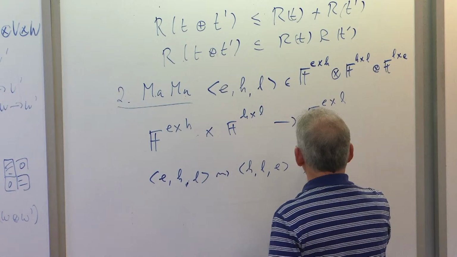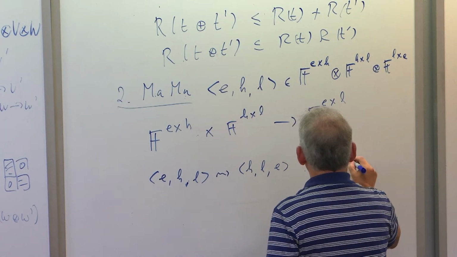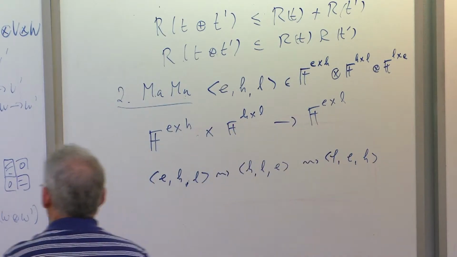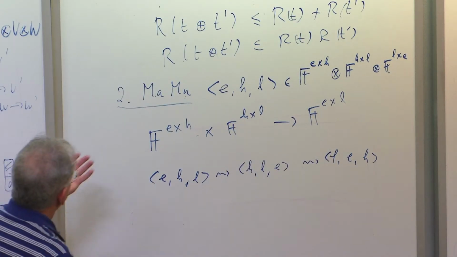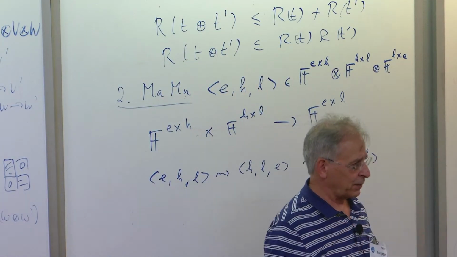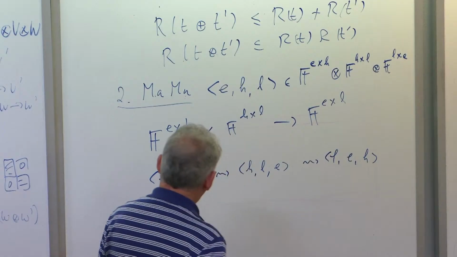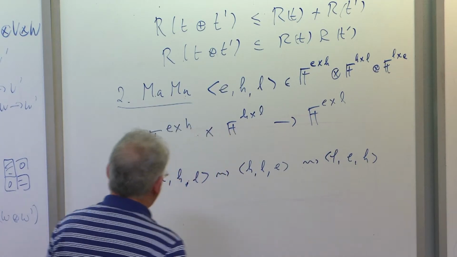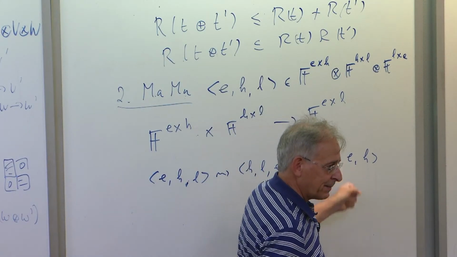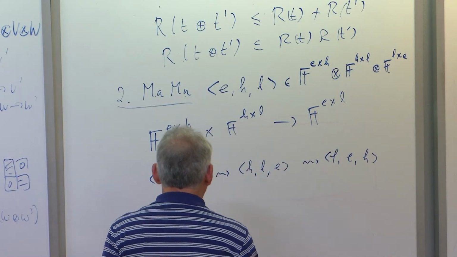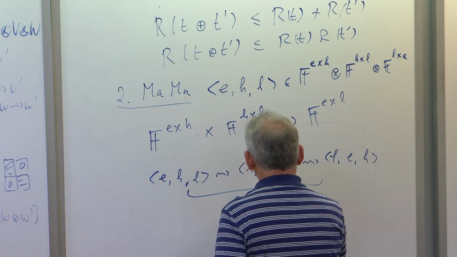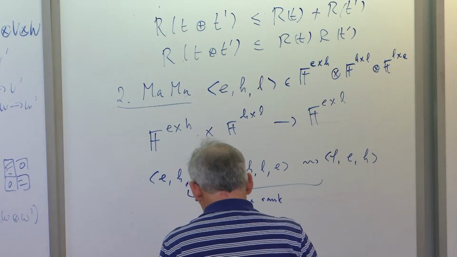You can do it another time: L, E, H. The point is this: the tensor rank is clearly invariant under permutation of these three coordinate spaces. For this reason, all these three tensors have the same rank. So this is nice, they have the same rank.